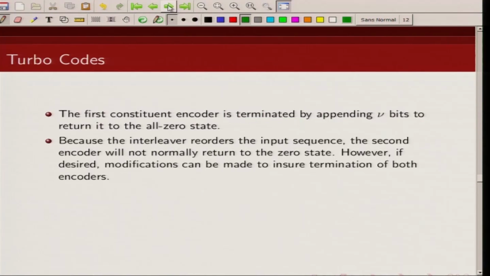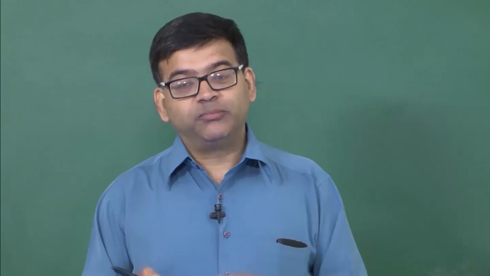Now, because of the interleaver, it is not always possible to have the same tail bits terminate both the encoders. You could design an interleaver which will allow you to terminate both the encoders, that is possible, but in general it is not possible to terminate both the encoders with the same termination bits. So, you could either terminate the first encoder and leave the second encoder unterminated, or you could send additional bits to terminate the second encoder.